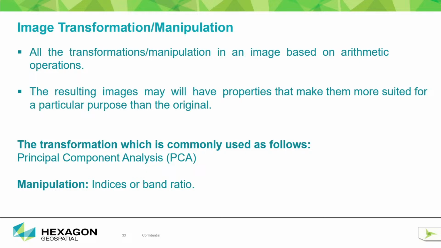So here we can manipulate or transform the image in two ways. One of the standard practices is principal component analysis, and another is the manipulation, that is indices or band ratio calculation. So I am not going into the details of principal component analysis.